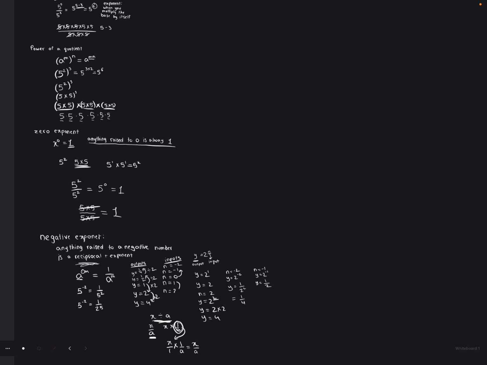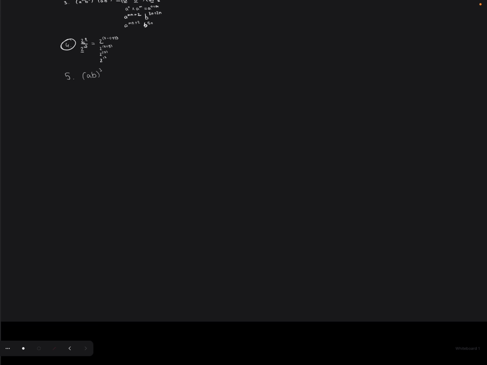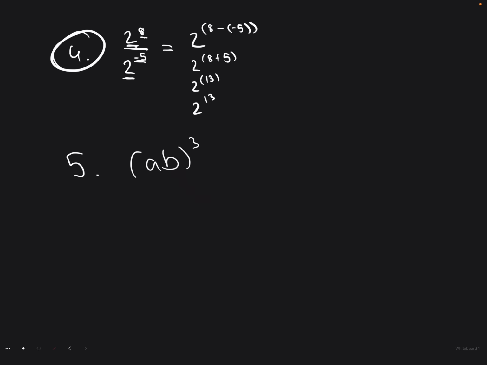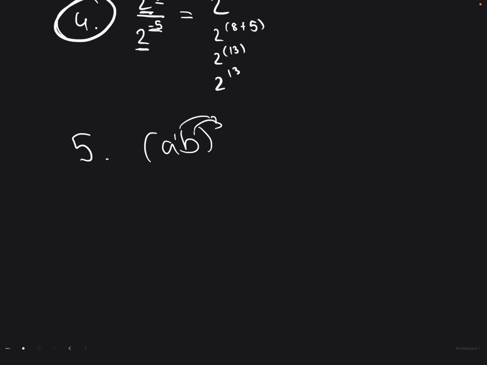You would multiply the exponents together. So we know that these are different coefficients, so you would multiply each separately like we did in the previous examples. So this becomes a to the 1 times 3 and b to the 1 times 3. Now you would multiply these together. This becomes a cubed, b cubed.